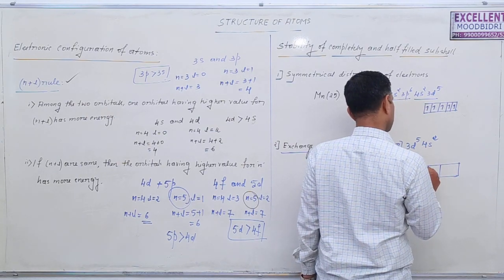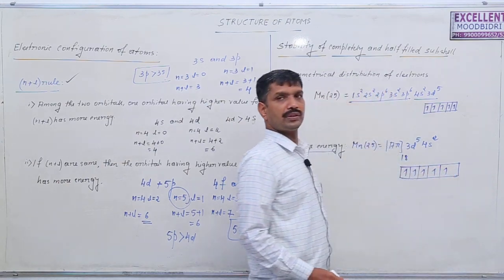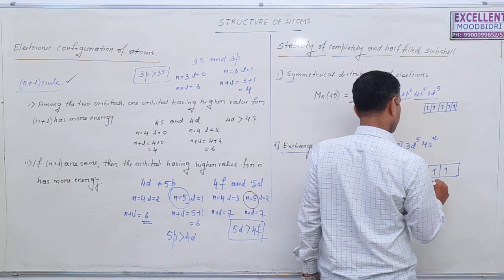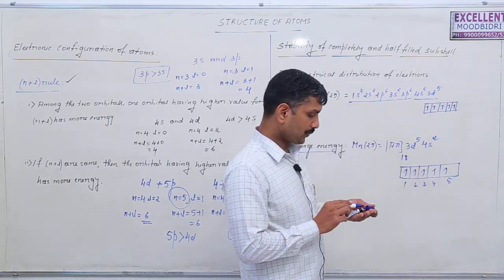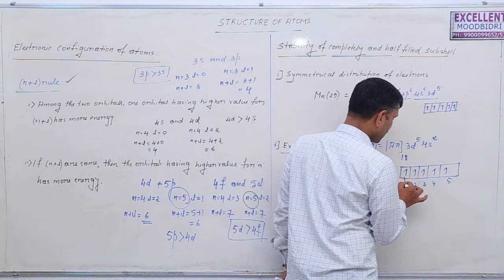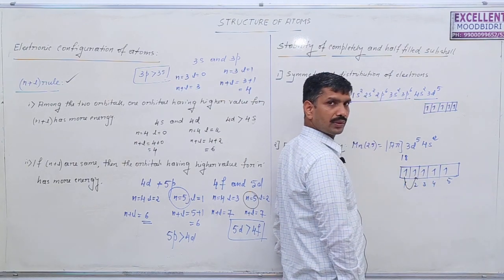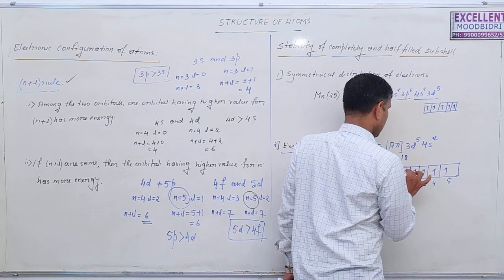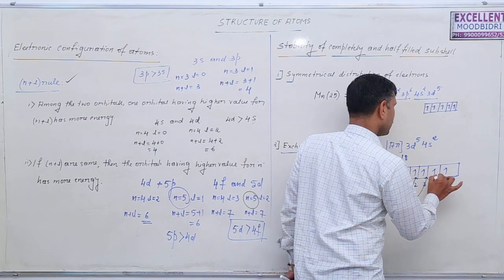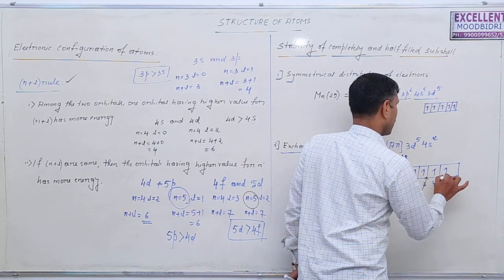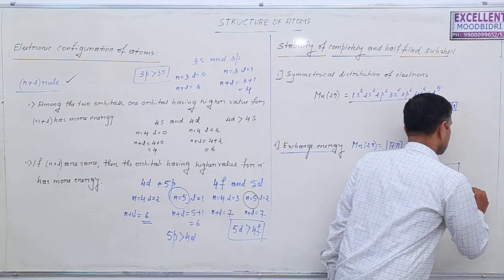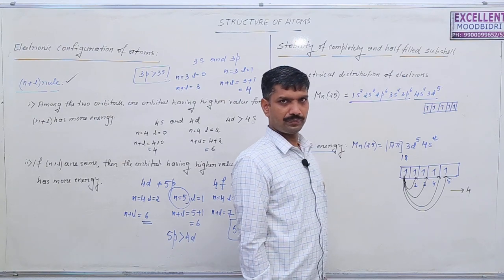The first electron can pair with the second electron, or the first electron can pair with the third electron, or with the fourth electron, or with the fifth electron. So 4 exchanges are possible with the first electron.